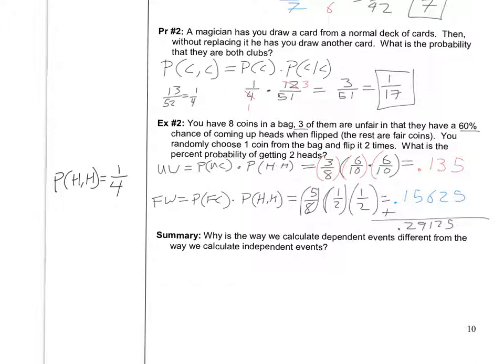Well, 1/4 is 25%. And so we see we went from 25% to 29%. So we have a slightly higher chance now of getting heads twice in a row than we did with just fair coins, which is 25%. So kind of an interesting problem. We had to break it up into the two possible ways that we could get those heads.